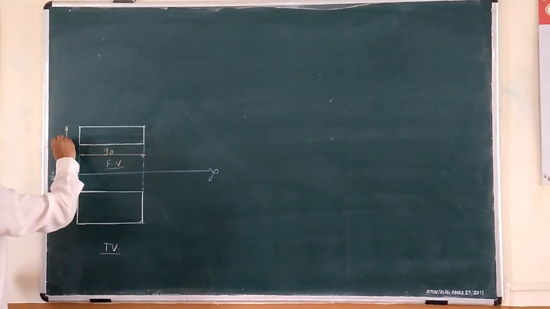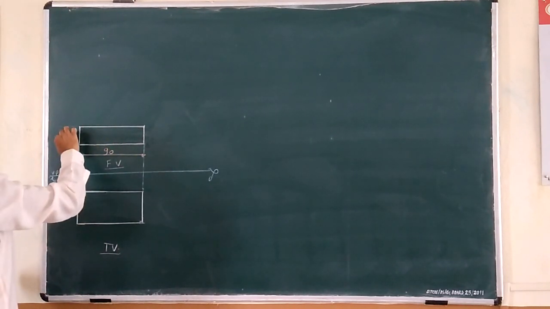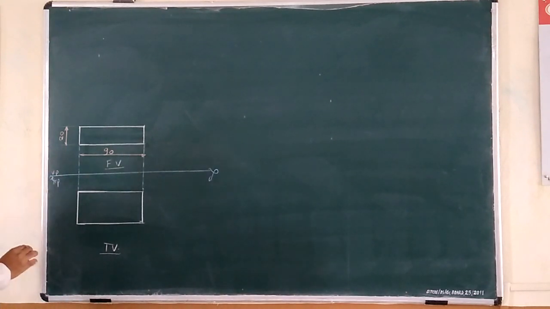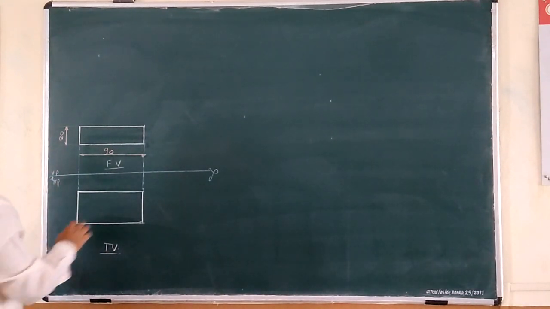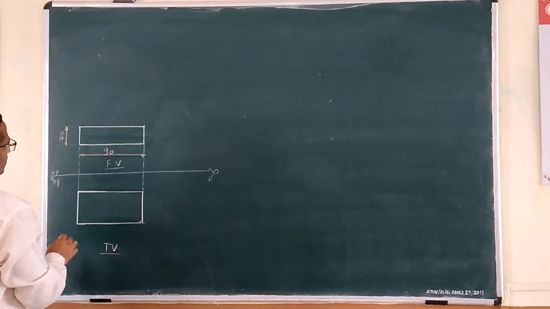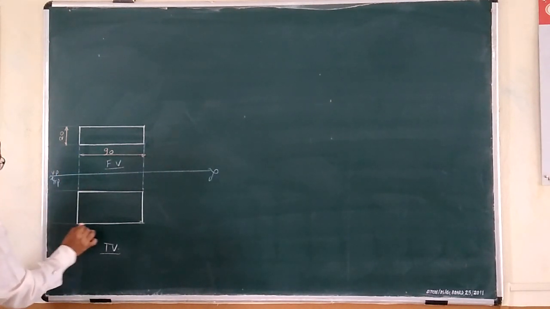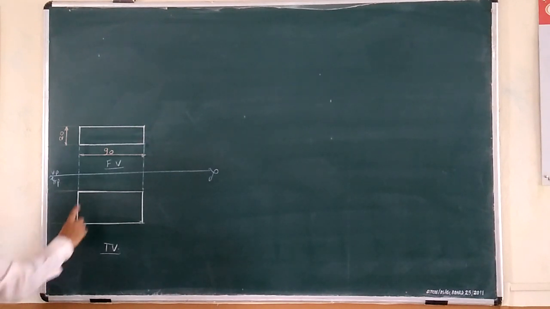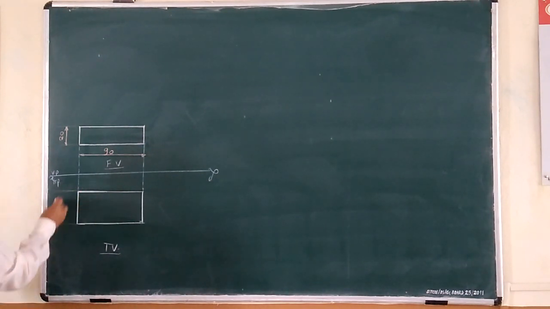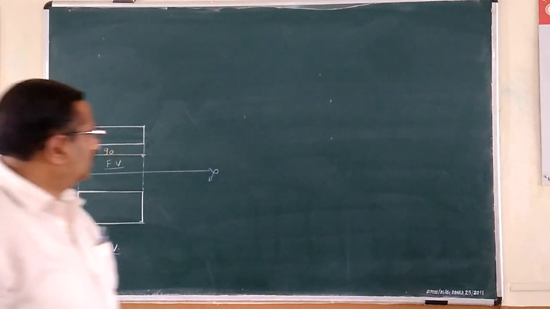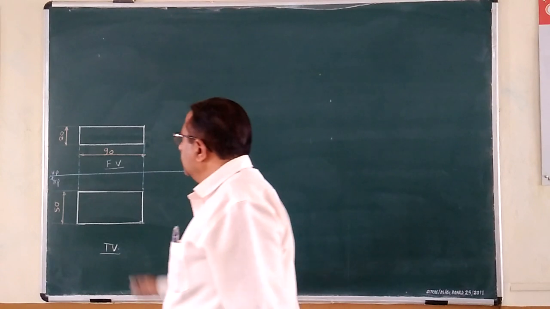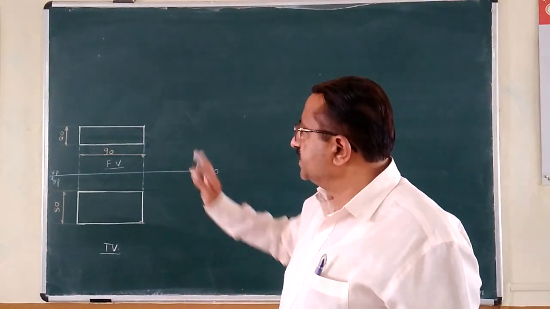Height is 20. And width is 50. Length, width and height of the object are mentioned.